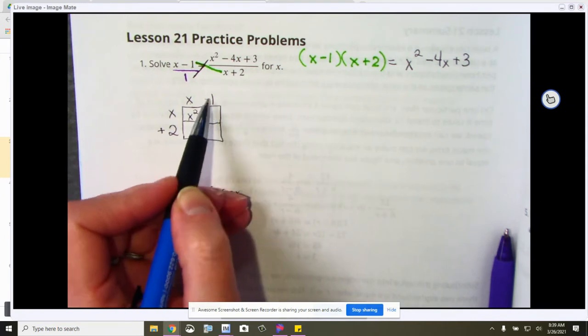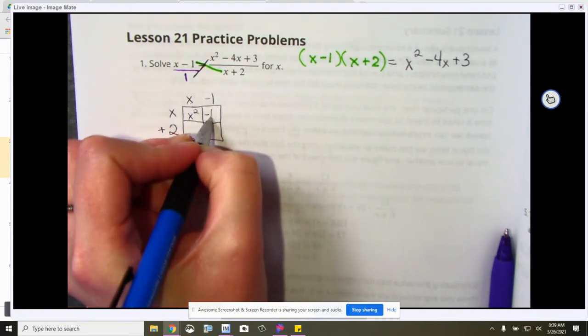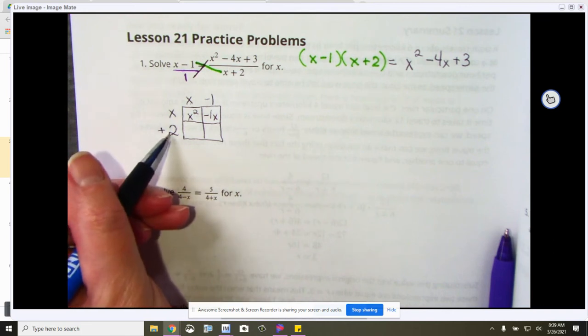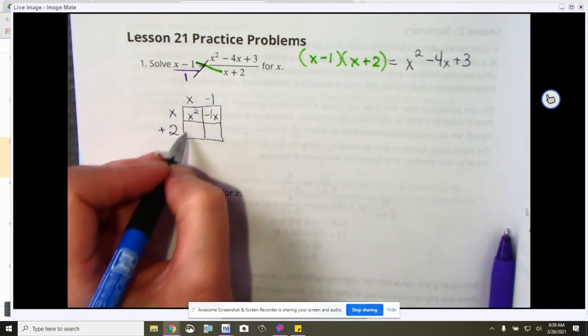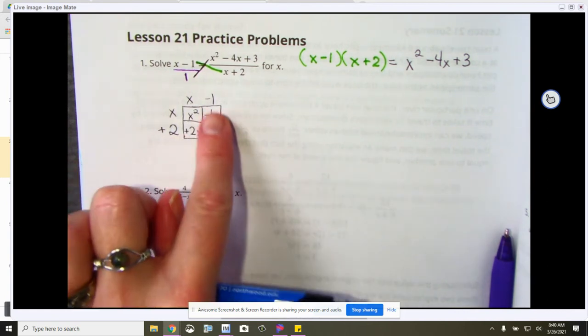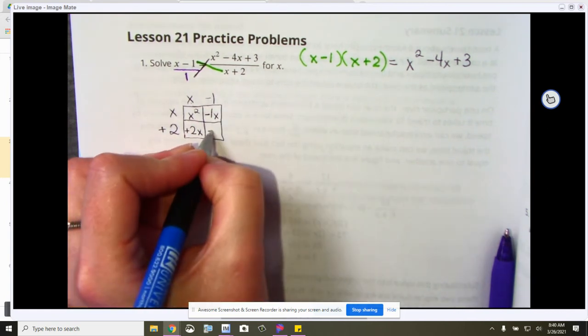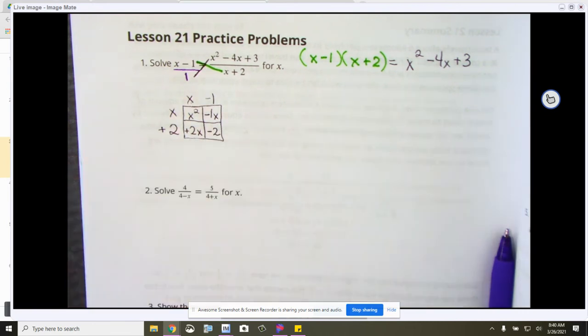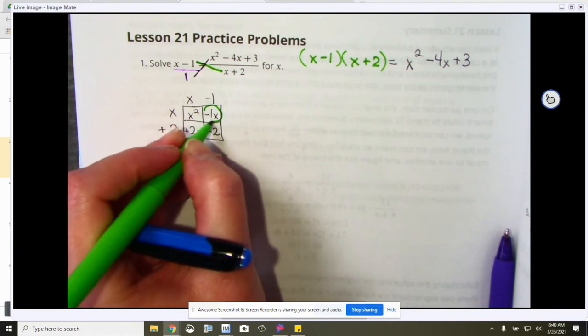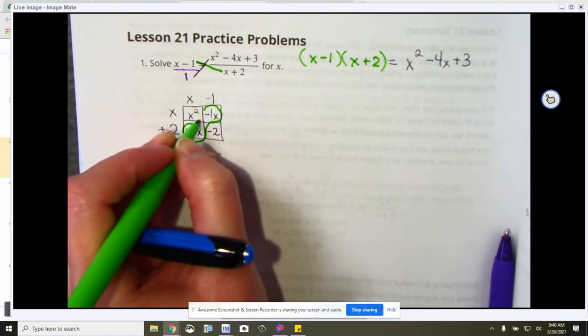X times a negative 1 is a negative 1x. X times a positive 2 is a positive 2x. And positive 2 times a negative 1 is a negative 2. When I combine like terms, I've got some x's there in the middle.